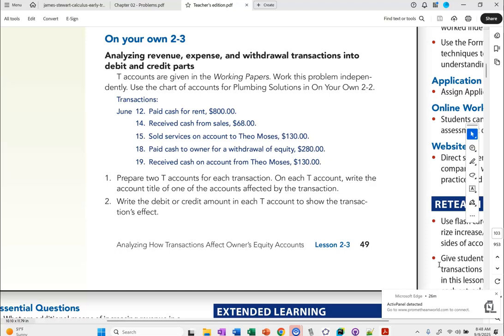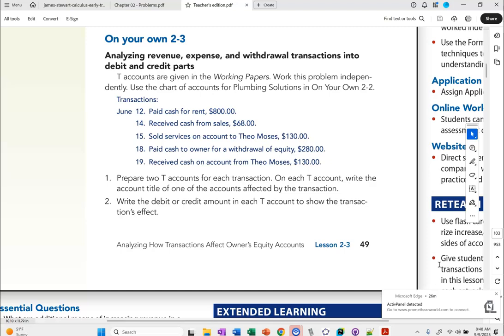Sales would be a credit. So for 15, it'd be accounts receivable by Theo Moses, and then sales.